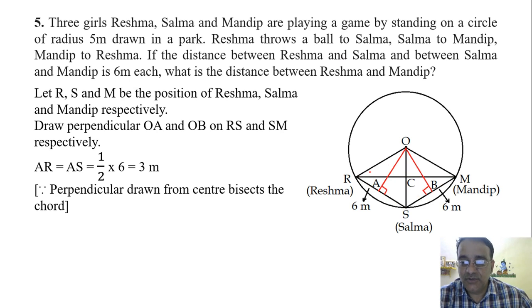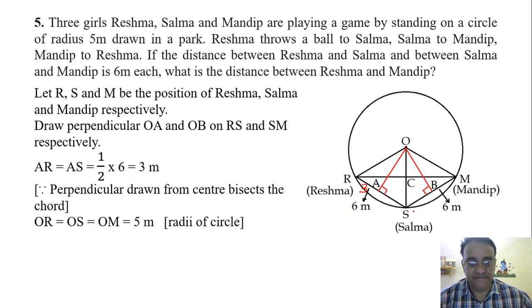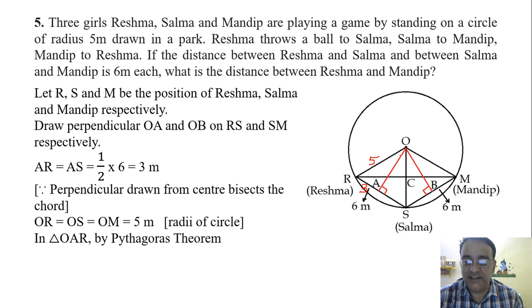Right. So this is 3 meter, and what is OR? OM, OS, these are the radii. So they are equal to 5 meter. Now we have OR is equal to 5 meter. Take this triangle. How will you find OA? By using Pythagoras theorem, right? So by using Pythagoras theorem, we get OR square is equal to AR square plus OA square.